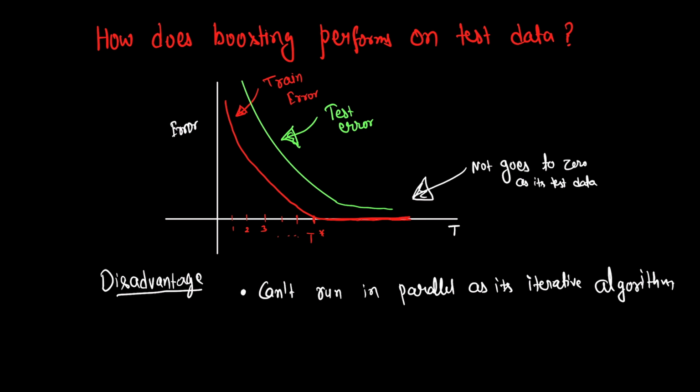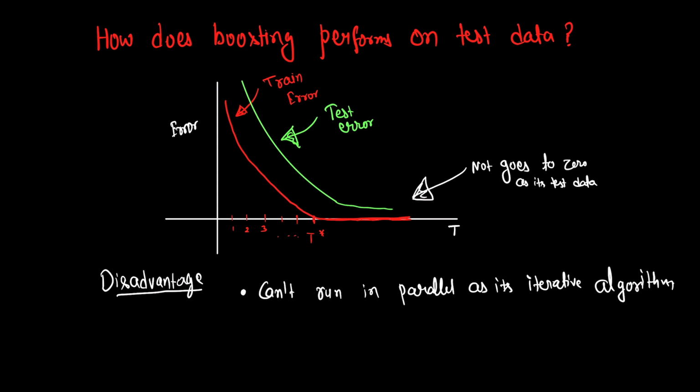Whatever our algorithm learned, it won't give an accurate result every time. It will make some mistakes. That's why the error will never be 0. So this is how boosting performs on test data: the error goes down.